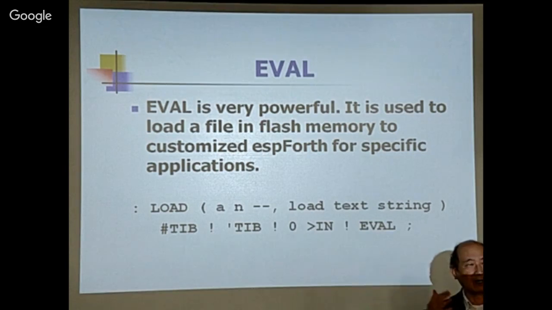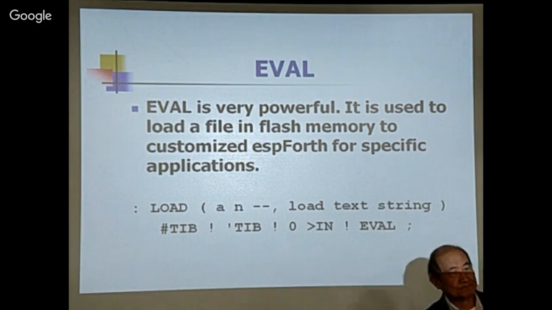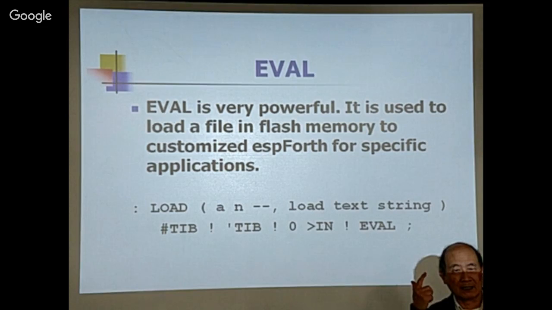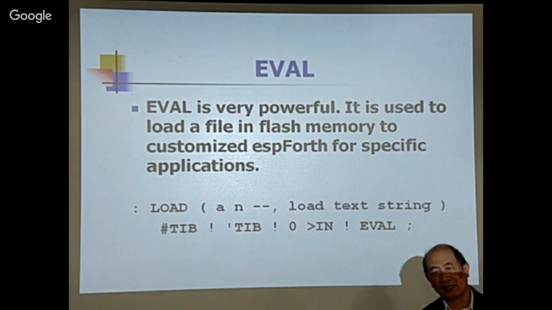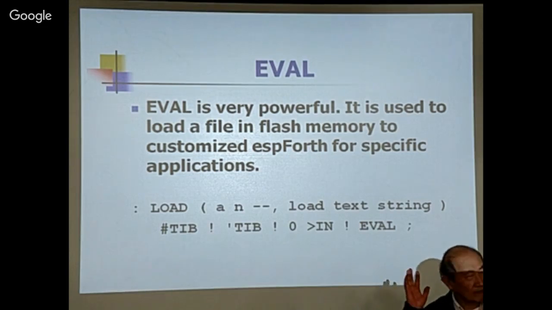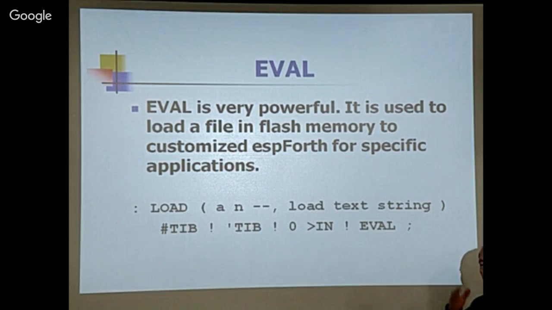But here, I only need one file, which contains everything that the robot needs to initialize the robot. So I plan to have all the Forth code stored in one load file.